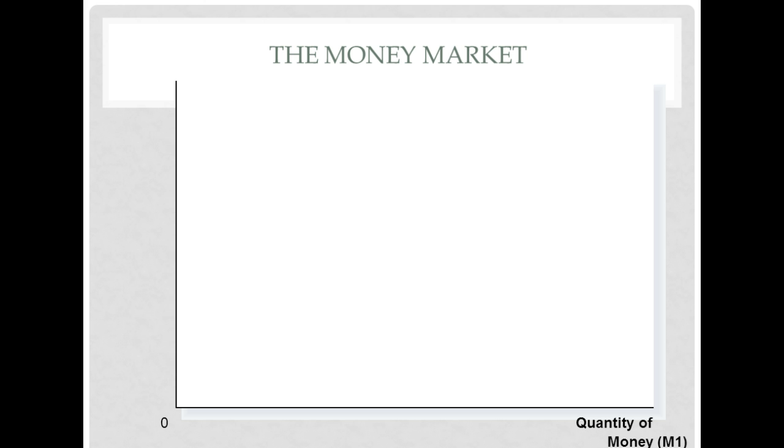Okay. Now, a second question we have to think about is obviously on the y-axis, we usually have the price of whatever we're talking about. Well, what is the price of M1? And maybe another way to say this is, what is the opportunity cost of M1? Well, M1 is cash that's not in a bank account, or at least not in a bank account that gains something.